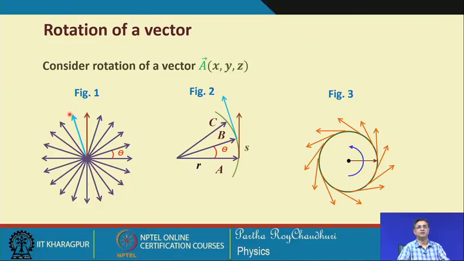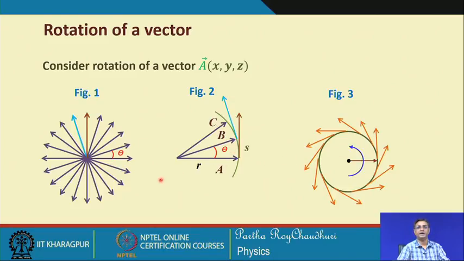So, if we give a translation of this vector from here to here, and from here to here, the colors represent the positions, they are parallel translations. So, this rotation of the vector is nothing but being at the periphery of the circumference of the rotation.